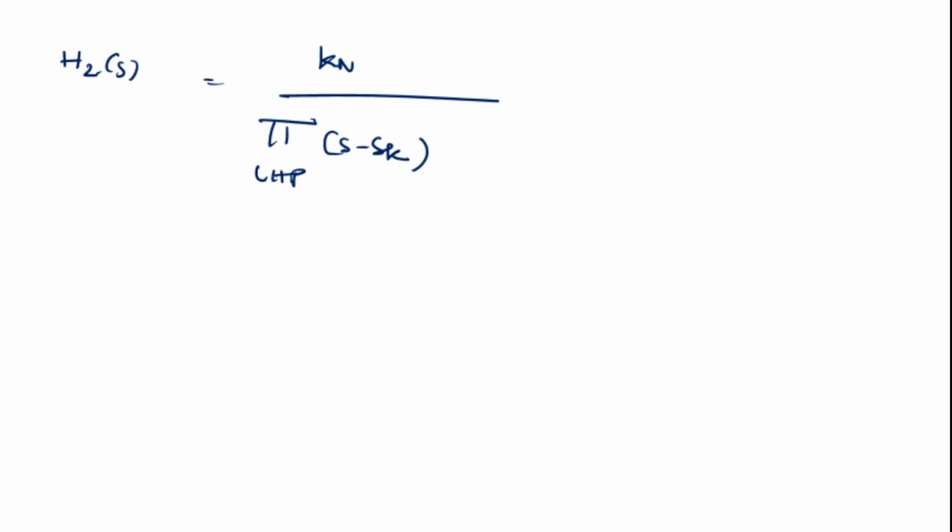Hence H2 of s is equal to Kn divided by the product over only the left hand side poles, which we have to consider, of (s minus sk), which is equal to Kn divided by (s minus s1) into (s minus s2).